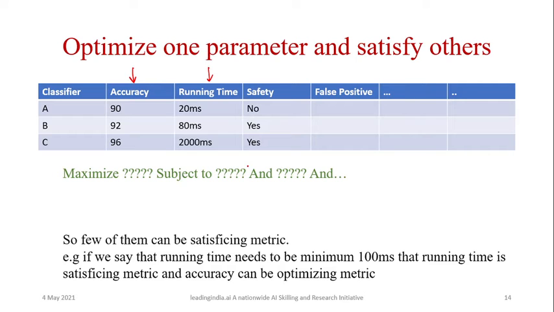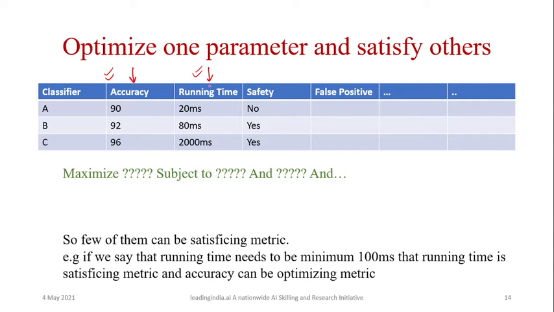Which one is preferable in healthcare? In that case, our satisfying metric will be accuracy, because we cannot compromise on accuracy beyond a certain level. I cannot accept this model if its accuracy is below 99%, or even below 99.9%. So in healthcare, your satisfying metric will be the accuracy and your optimizing metric will be the runtime.